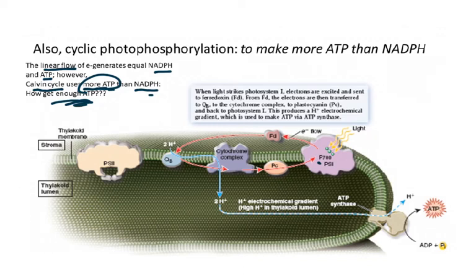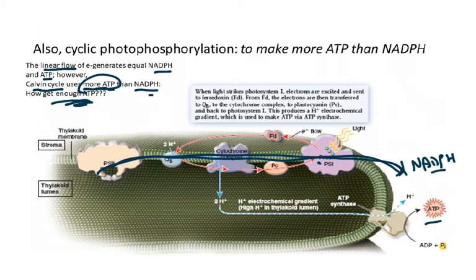But the answer is, instead of just going linearly with the electron where we pass it down and there you go, NADPH, and we pass it down and there you go, NADPH, and we make equal amounts of NADPH as ATP, instead of doing that, we can do this cyclic plan.